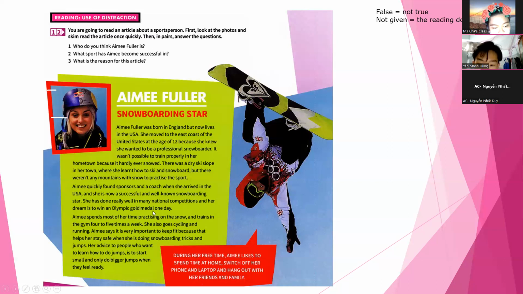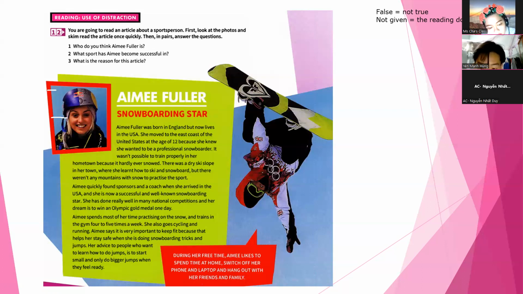Emily quickly found sponsors and a coach when she arrived in the USA, and she is now a successful and well-known snowboarding star. She had done very well in many national competitions, and her dream is to win an Olympic gold medal one day.